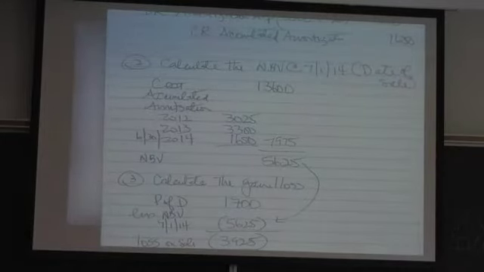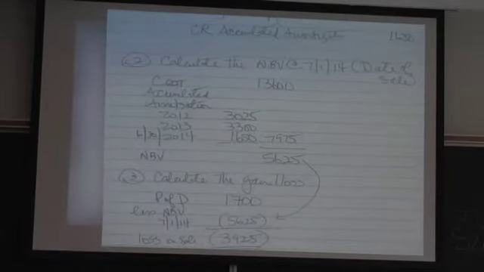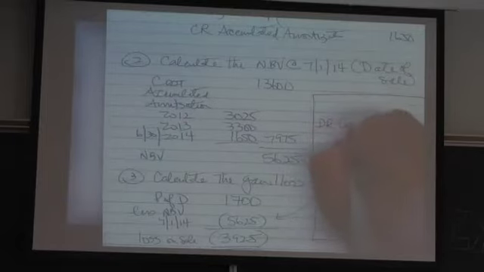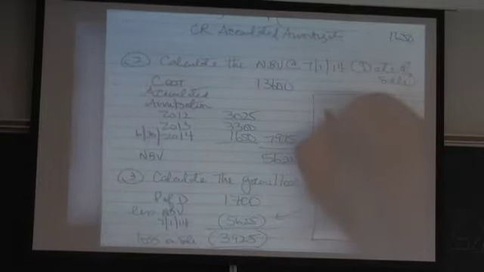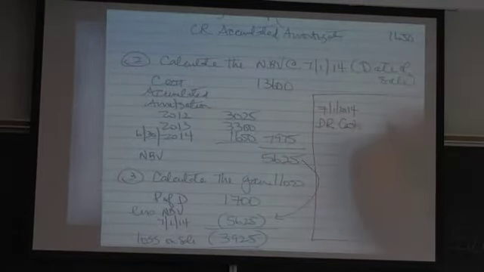Now we're asked to do the journal entry. So the journal entry is going to be, first we're going to debit cash. And this journal entry is on July 1st, 2014. We got $1,700 cash.